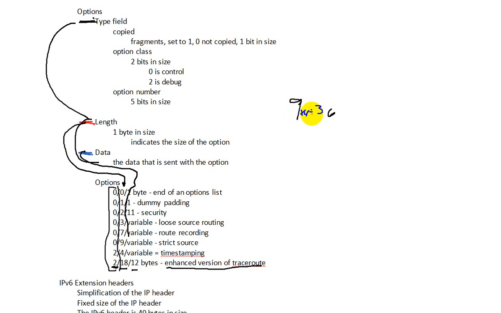Times 4 equals up to 36 bytes that it can take up in order for you to use a traceroute. This is what they call a record option. By using that, you're going to record every hop.